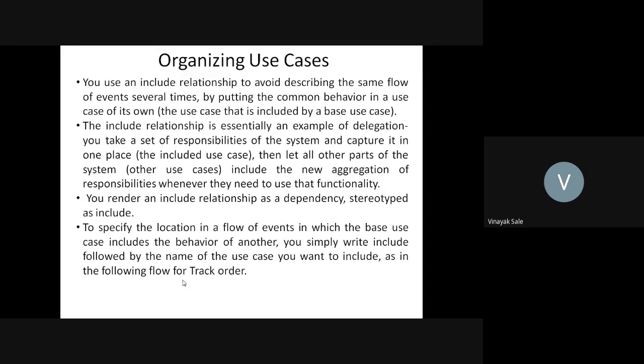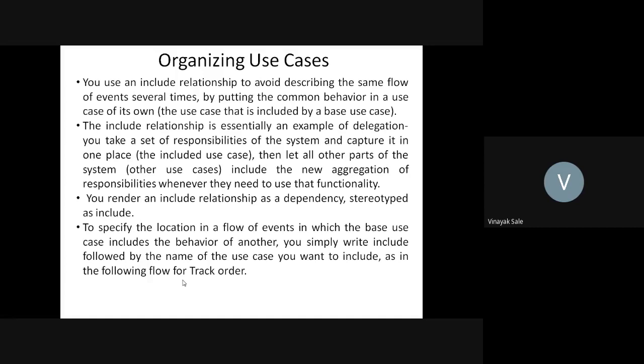You take the set of responsibilities of the system and capture them in one place. Then you let all other parts of the system, that is other use cases, include this aggregation of responsibilities whenever they need to use that functionality.